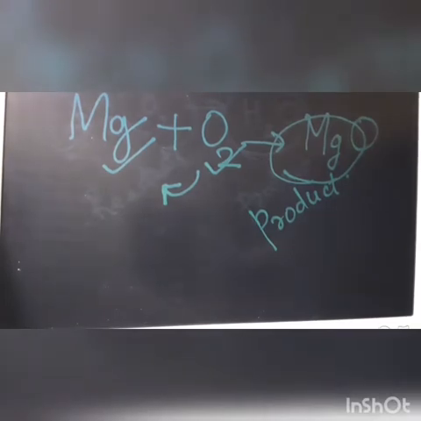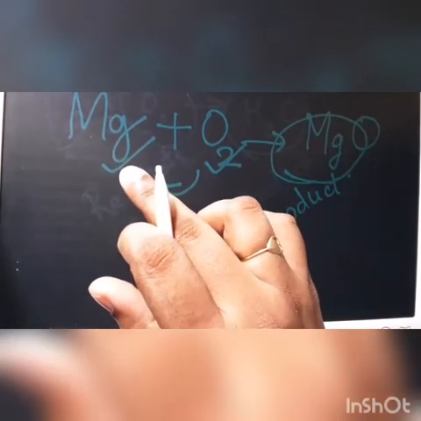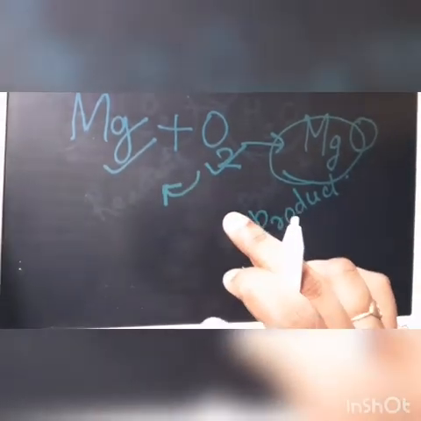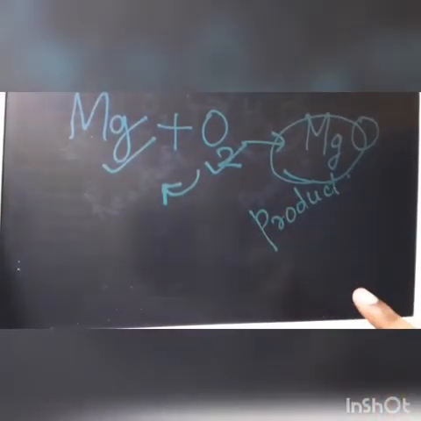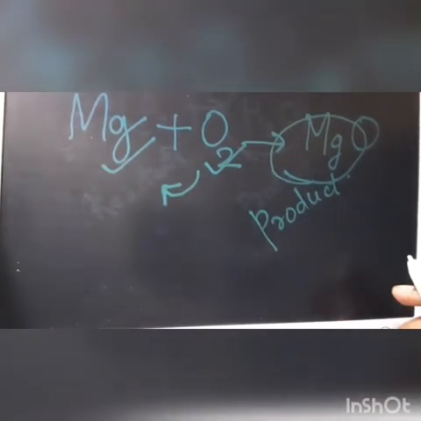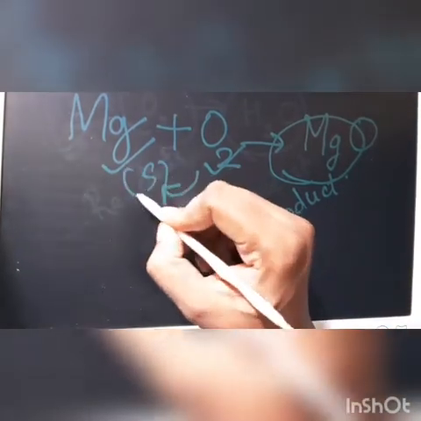Now this is called a chemical equation, where symbols of substances of reactants and products are mentioned with the physical state. What is physical state? Magnesium is a solid, right?